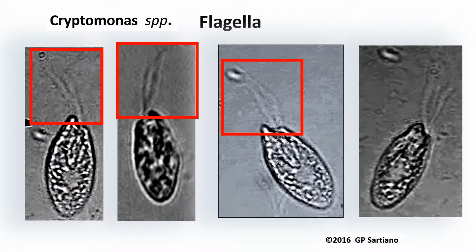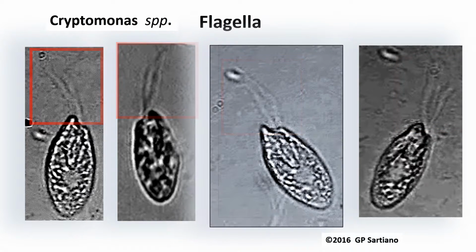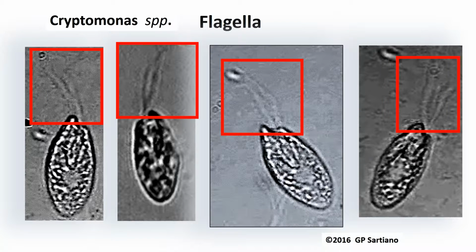Cryptomonas has two flagella, which visibly arise subapically from a vestibular pocket at its asymmetrical anterior end. The two flagella of Cryptomonas are invariably of unequal or subequal length. The longer one is the locomotor flagellum.